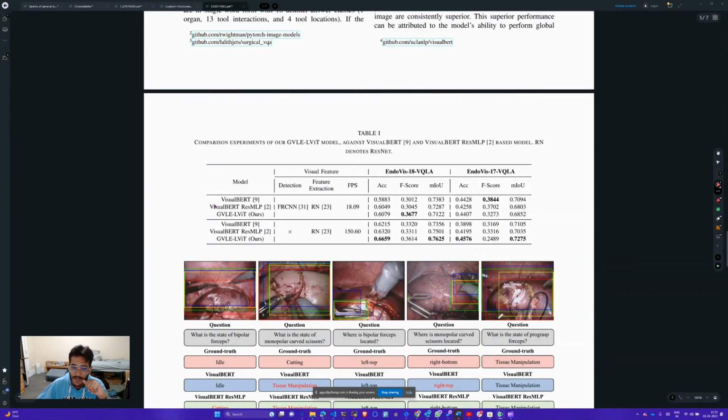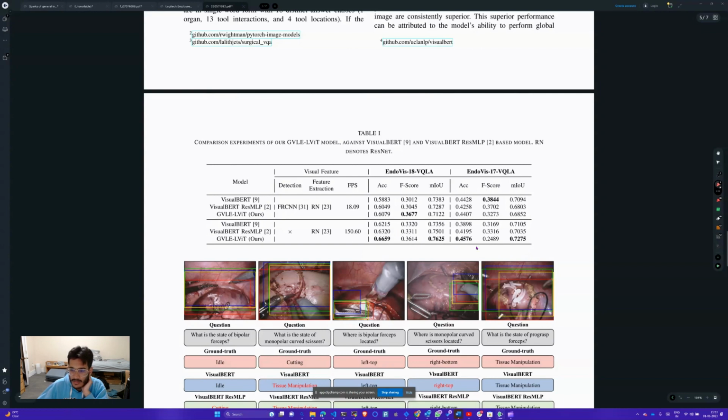But yeah, they compare their results with VisualBERT and ResMLP, and these are some of the configurations of these models. As you can see, mostly for the object detection tasks, it performs all right. It performs better than a lot of these other models, not by a significant amount. It's a 3 to 4%, 2% increment, which is all right.